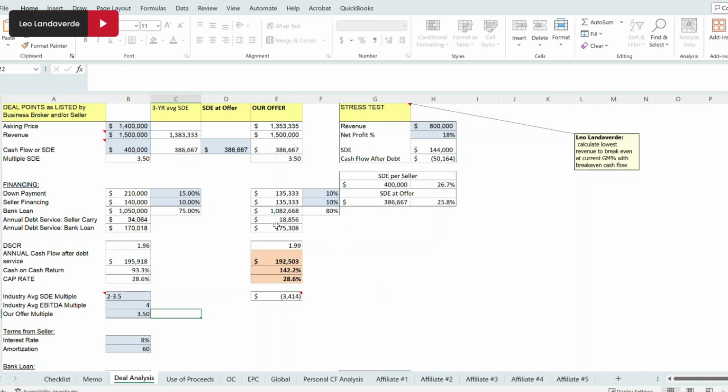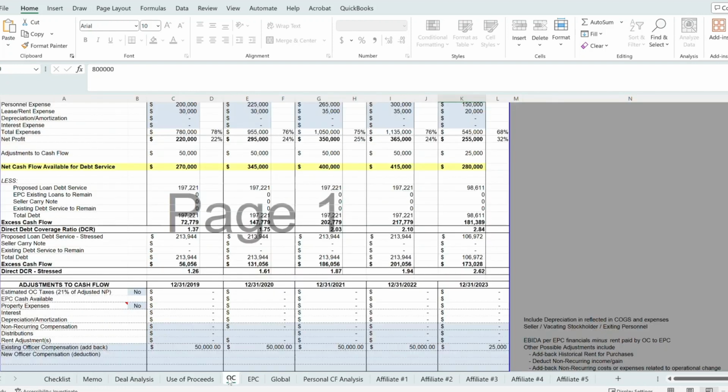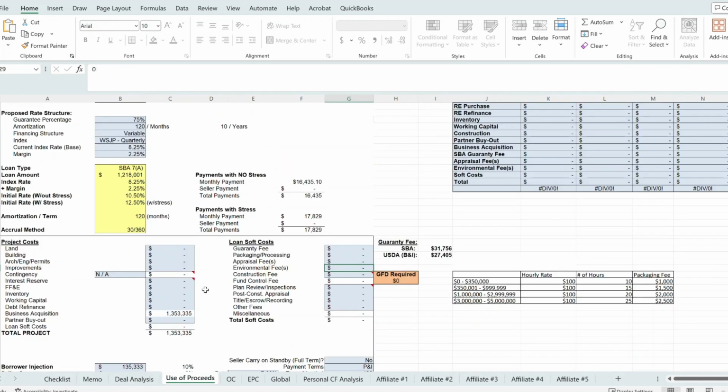So your yearly debt service, in this case, let's go back to no seller carry, and you're putting 10% down. So $197,000 per year of post debt service at basically 10.5. What if the rate was lower?